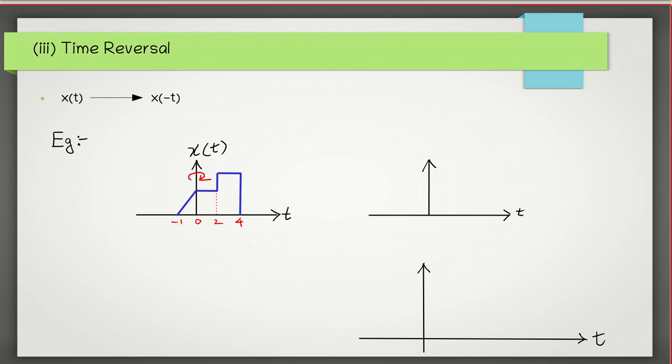So now let's just plot x of -t for the given x of t, which will look something like this. This is x of -t, and then this is -4, and this will become -2, this will be 0, this will become 1, and yeah, that's it.